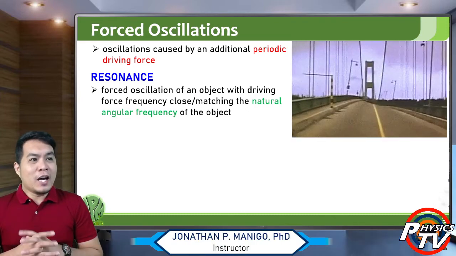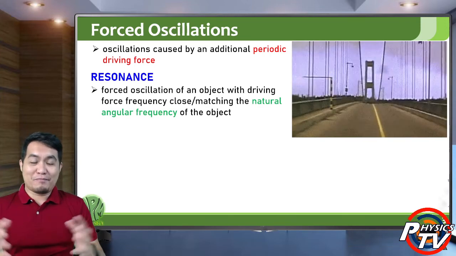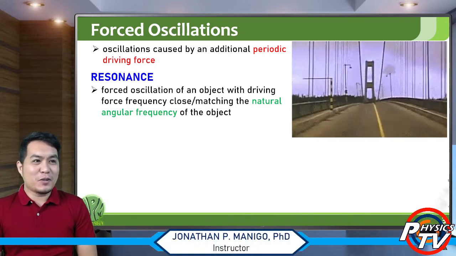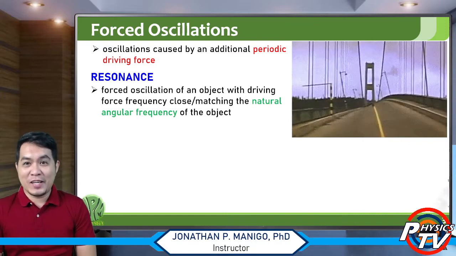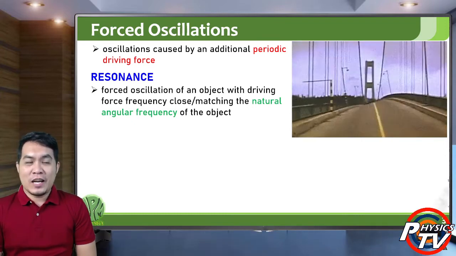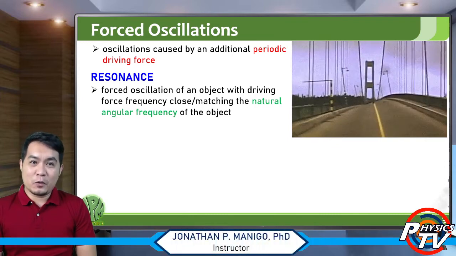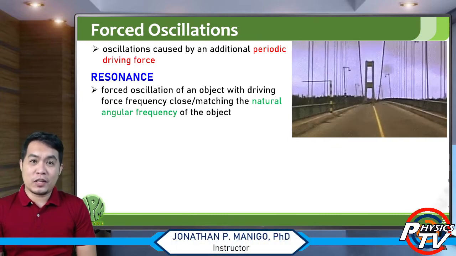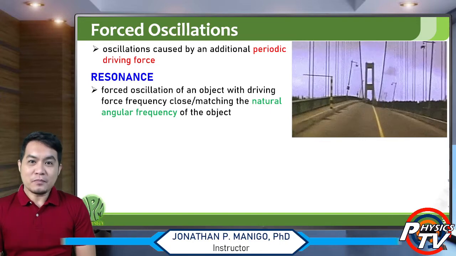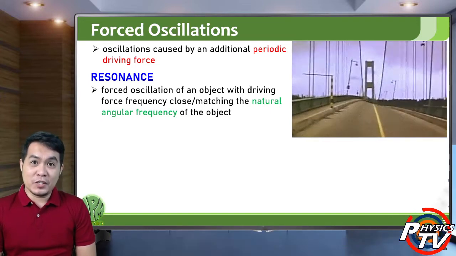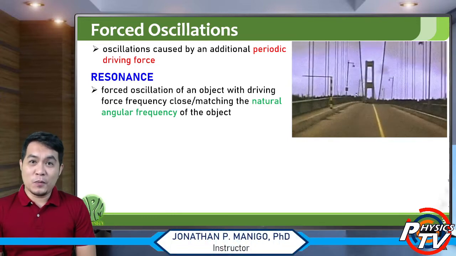Here is an example of, actually, not a very good example of resonance. You have a bridge that is oscillating because there's an earthquake, and the frequency of the earthquake, the earthquake being your driving force, matches the natural angular frequency of the bridge, causing the bridge to oscillate.